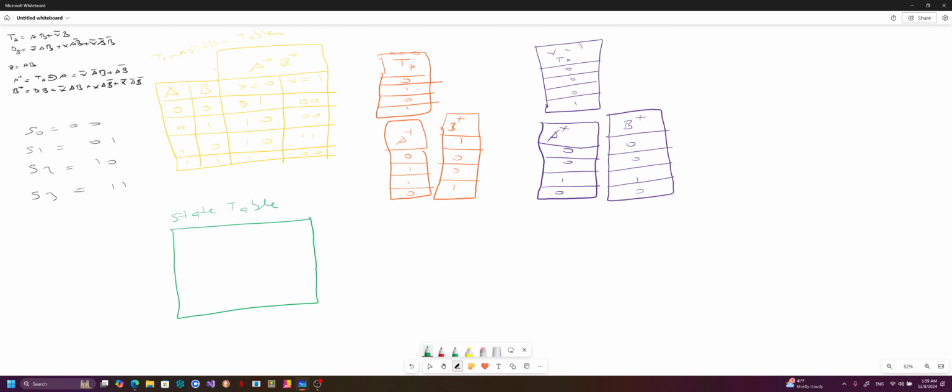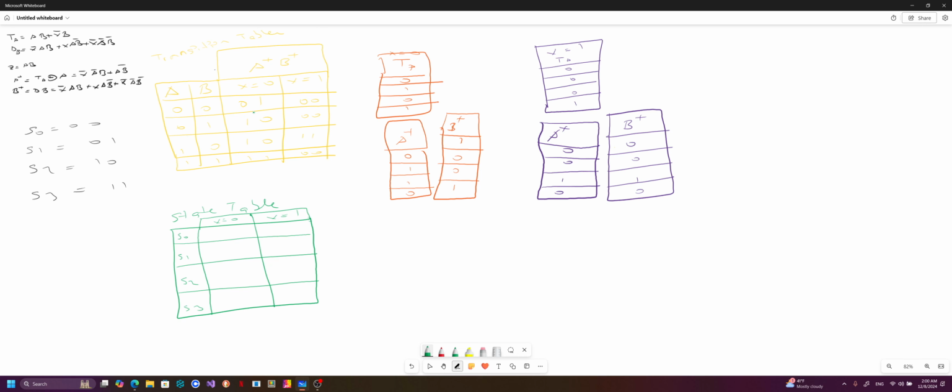For this, now we are going to say this. S0, S1, S2, S3. So when x equals 0, x equals 1, we're going to do this.